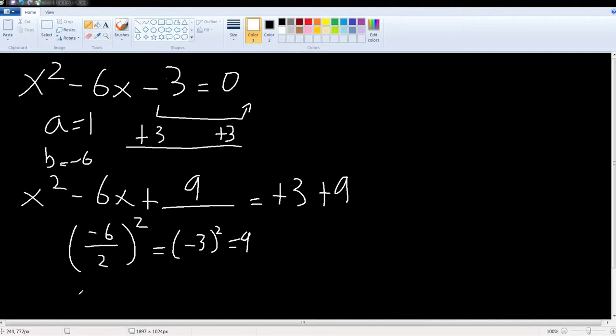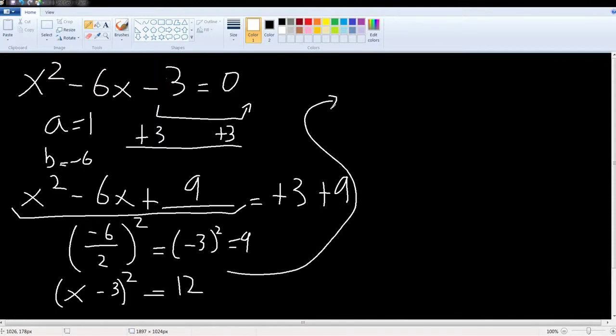Next, we need to simplify this quadratic to b over 2 squared. B over 2, if you remember, is minus 6 over 2. This whole thing, x squared minus 6x plus 9, simplifies to x minus 3 squared, which is equal to 3 plus 9, which is 12, right?